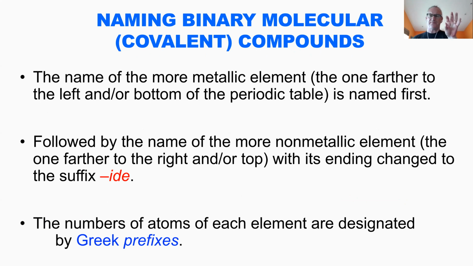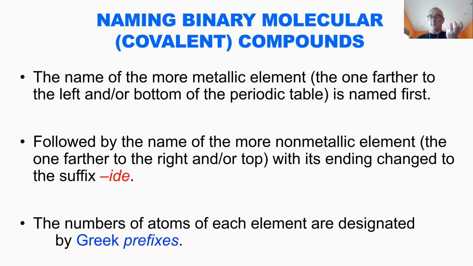This is a little bit tricky because, as I mentioned with the ionic compounds, the metal always comes first. Well, we don't have a metal now. What do we do? Well, the more metallic element, the one further to the left, or the one further down on the periodic table, we name that one first.